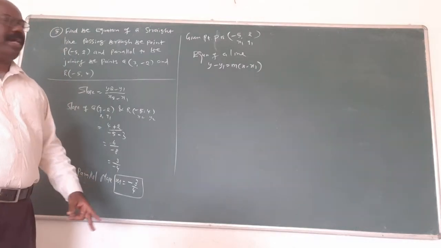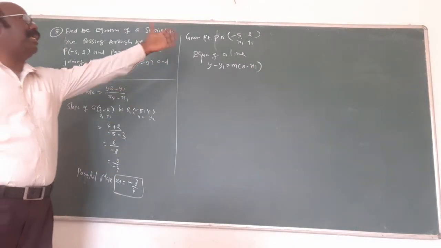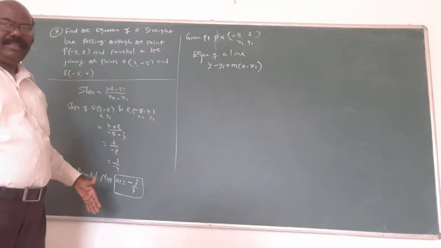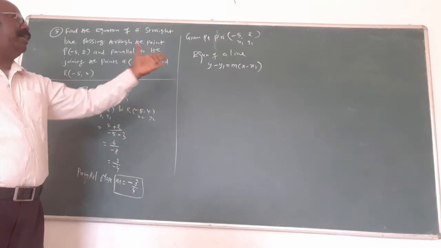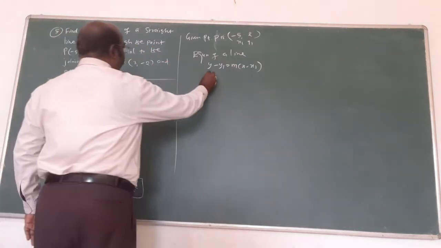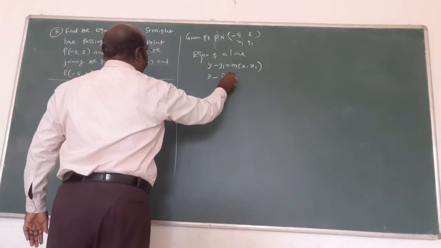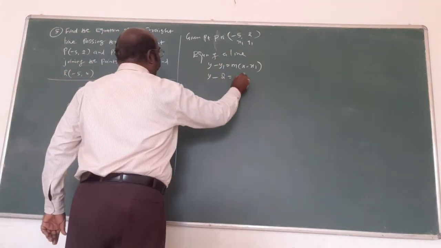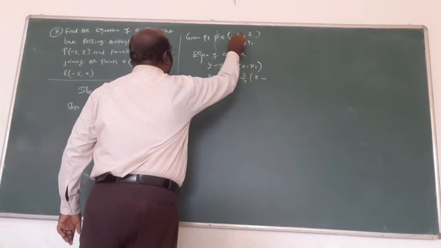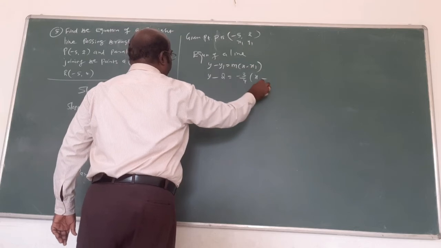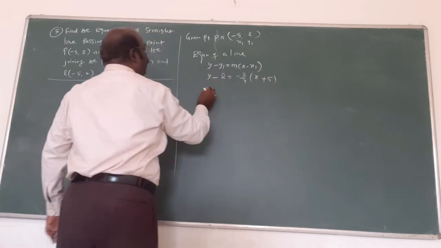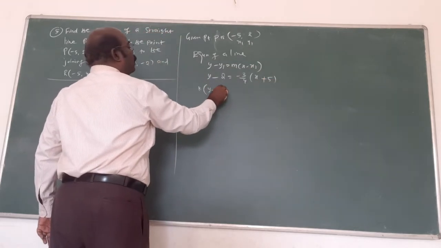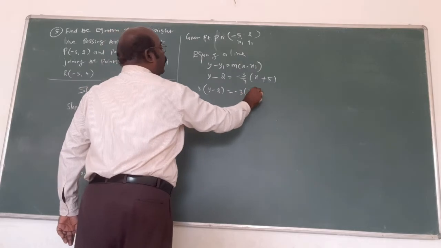When one slope and one point are given, this is the formula. So y minus 2 equal to m, which is minus 3 by 4, into (x minus minus 5), that is x plus 5. Cross multiply: 4 into (y minus 2) equals minus 3 into (x plus 5).